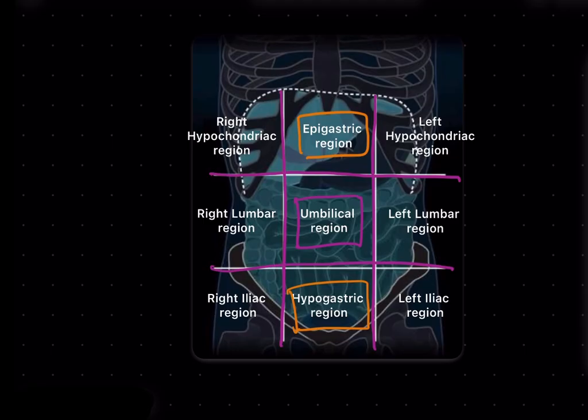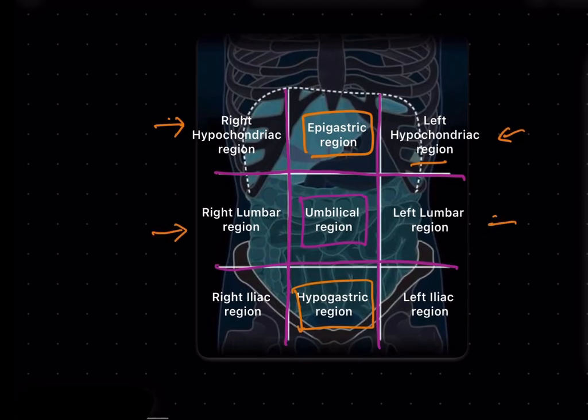What are they called? We have the right hypochondriac region and the left hypochondriac region. Then we've got the right lumbar region and the left lumbar region. Likewise, the last bit here is the right iliac region and the left iliac region.